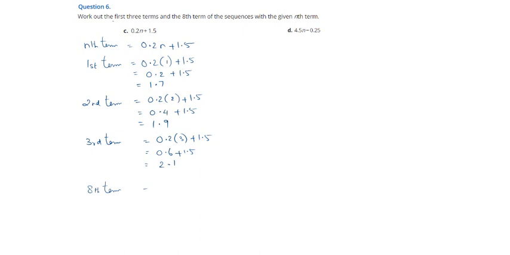The 8th term is equal to 0.2 into 8 plus 1.5. This is equal to 1.6 plus 1.5, which is equal to 3.1. Similarly, we can do the other sum using the same method. Let's move on to the next sum.